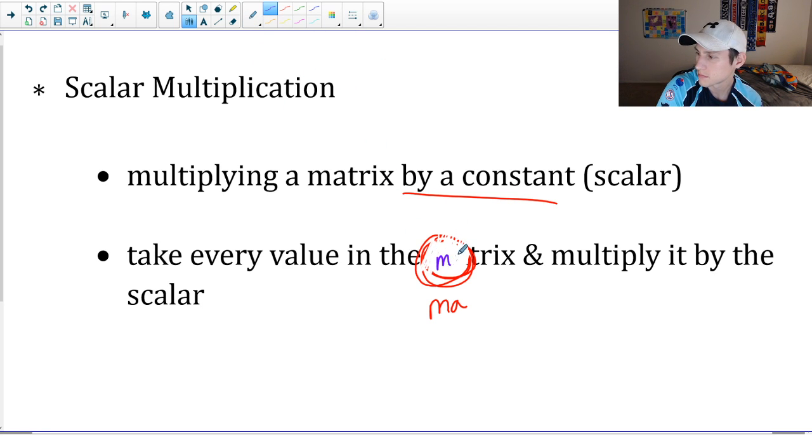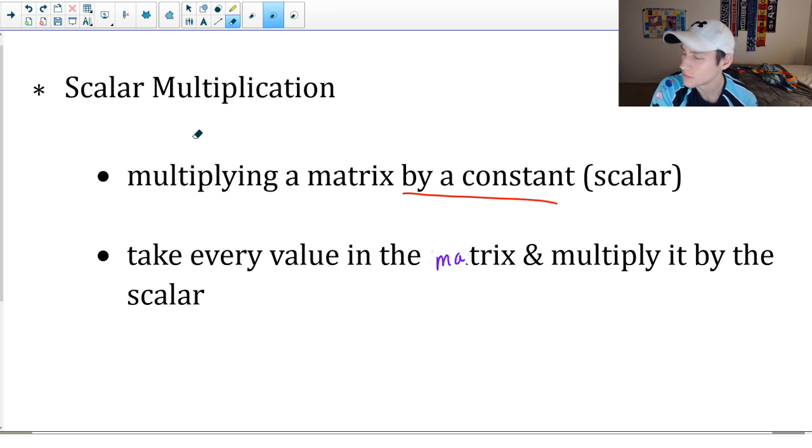Perfect. You can't even tell the difference. Editing master. Okay, cool.